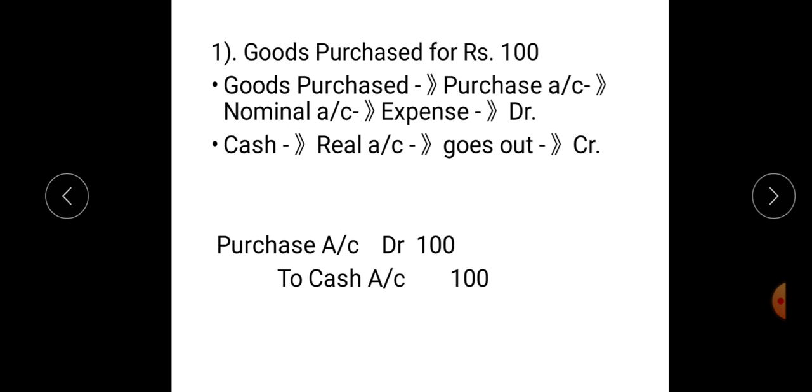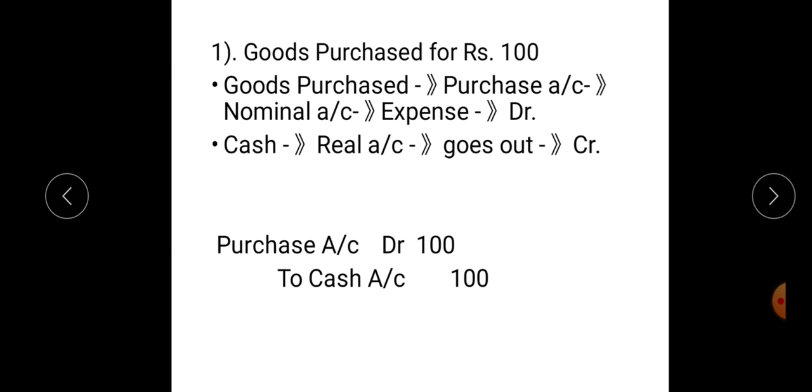Real account says debit what comes in and credit what goes out. You can see here cash is going out. As it goes out, we will make it credit. This is how we are going to find the two accounts and their nature, and then apply the rule of debit and credit.